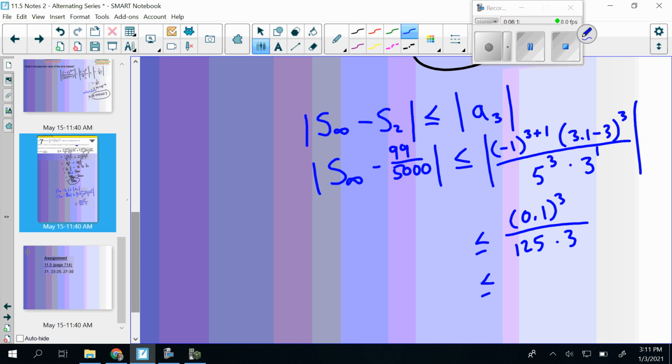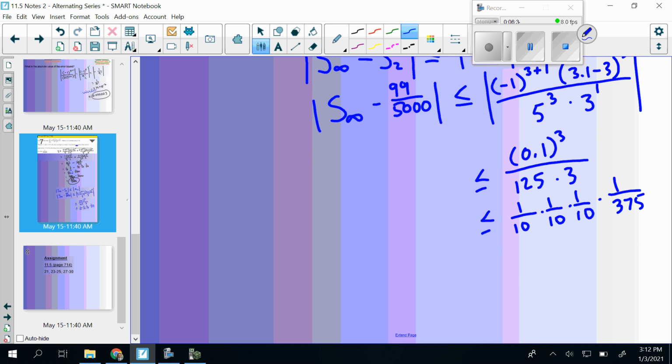Simplifying that, remember our 0.1, it's the same as 1/10. So that would be 1 over 10 times another 1 over 10 times another 1 over 10 times our 1 over 125 times 3 would be 375. Multiplying that out, 10 times 10 times 10 is 1,000. And so this should be less than or equal to 1 over 1,000 times 375, which would be 375,000.